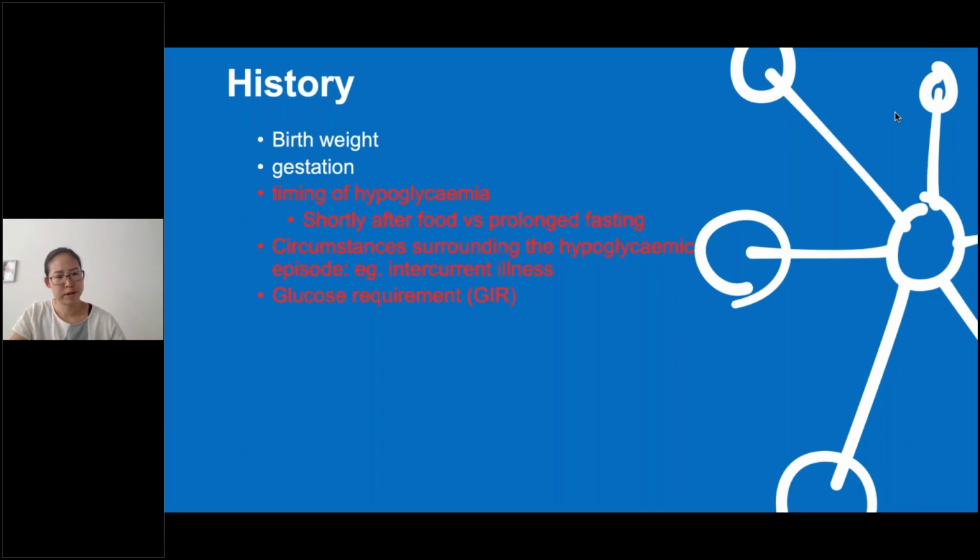The other thing, if you can calculate, and this is particularly essential in neonates, is the glucose infusion rate. In a sick neonate, the glucose requirement would be around 8 to 10 milligrams per kilo per minute. If a neonate requires more than 10 milligrams per kilo per minute persistently to keep blood sugar stable, you need to be thinking about hyperinsulinism, and it's hyperinsulinism until proven otherwise.